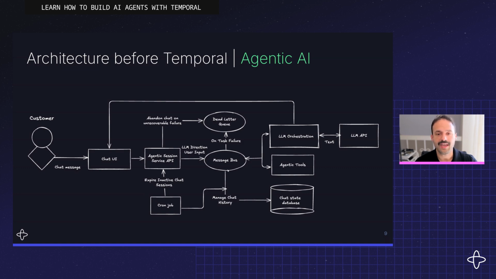That message bus may have to push some messages to a dead letter queue if they're undeliverable or a task fails. You have to be able to design that message bus in a scalable way, so that way you can keep adding more users and more agents on the back end. And somehow this all has to get persisted to a database so that you have that durability in the event that you have some downtime.